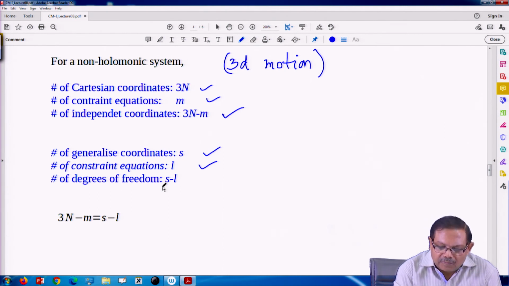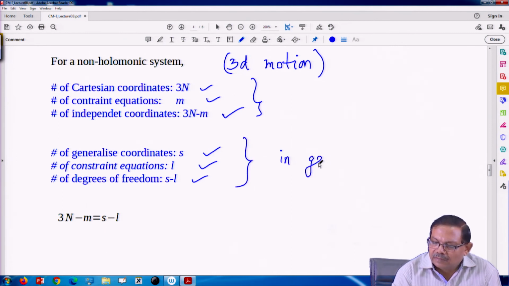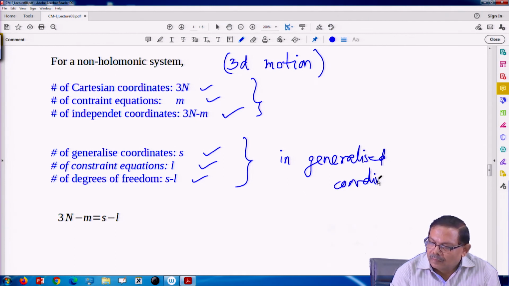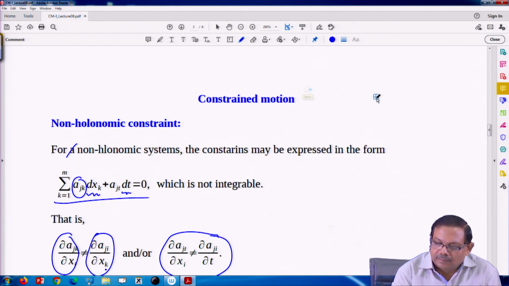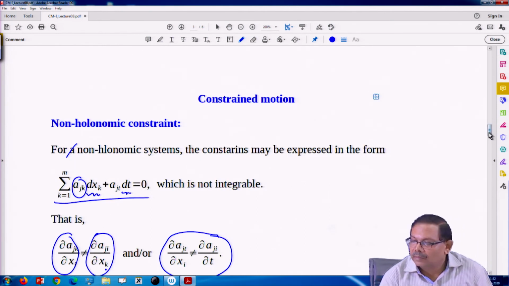So, here the number of degrees of freedom would be S minus L. So, this is the problem in Cartesian coordinates and this is in generalized coordinates.